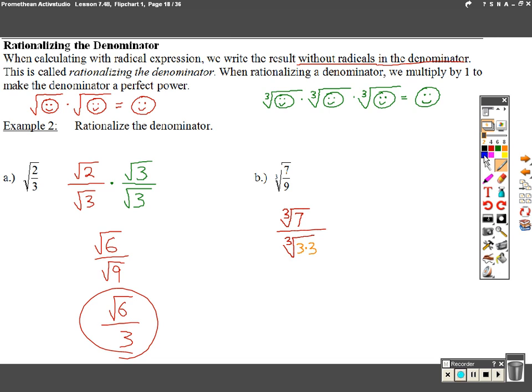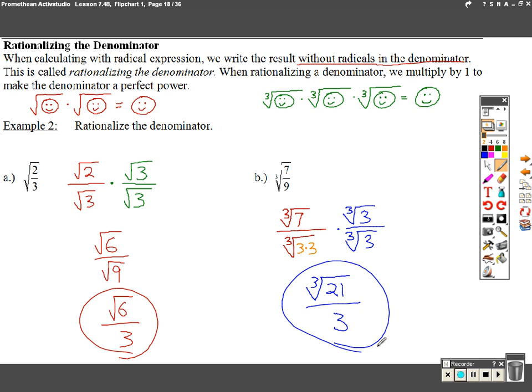I would need 3 of the same factor. I already have 2, so I just need 1 more of those cube root of 3's. And remember, I have to multiply the top by whatever the bottom is as well. So when I multiply straight across, I get the cube root of 21. And in my denominator, since I have 3 3's, the cube root of 3 times 3 times 3 is just 3. I would then look to see if I can simplify the cube root of 21, which I cannot.